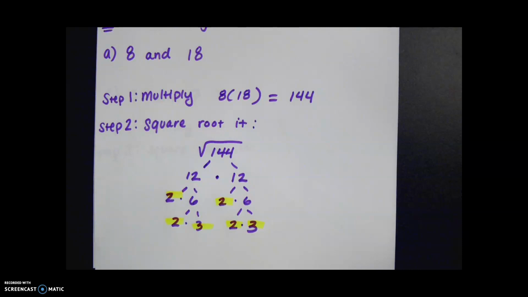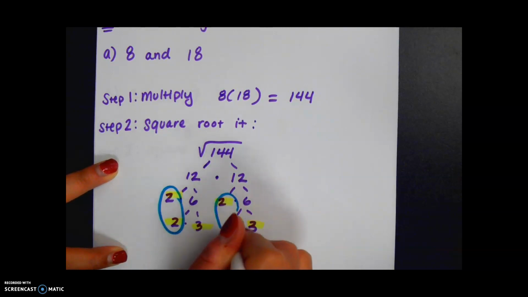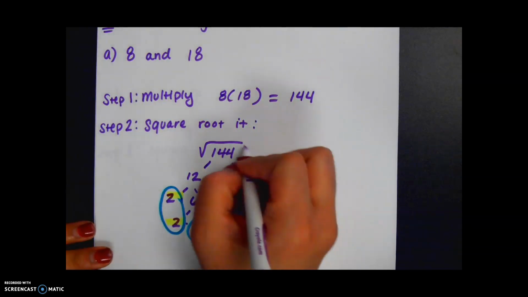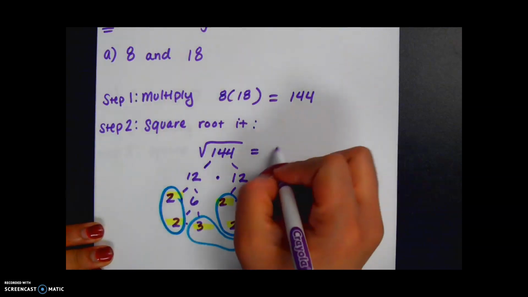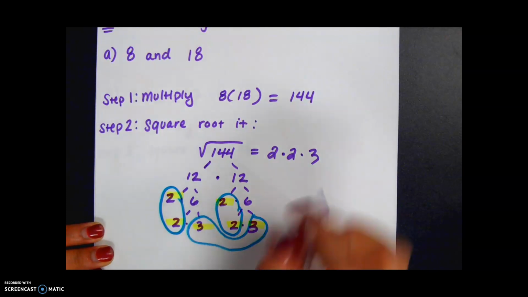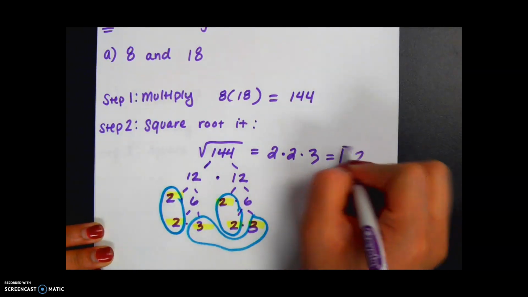And then I'm going to circle my pairs in a different color. Pair of 2s, pair of 2s, and a pair of 3s. So I don't have anything that is unpaired, so I don't have any radical symbol. I've got a pair of 2s, 2, and 3. Multiply those together, 4 times 3. That gives me 12.